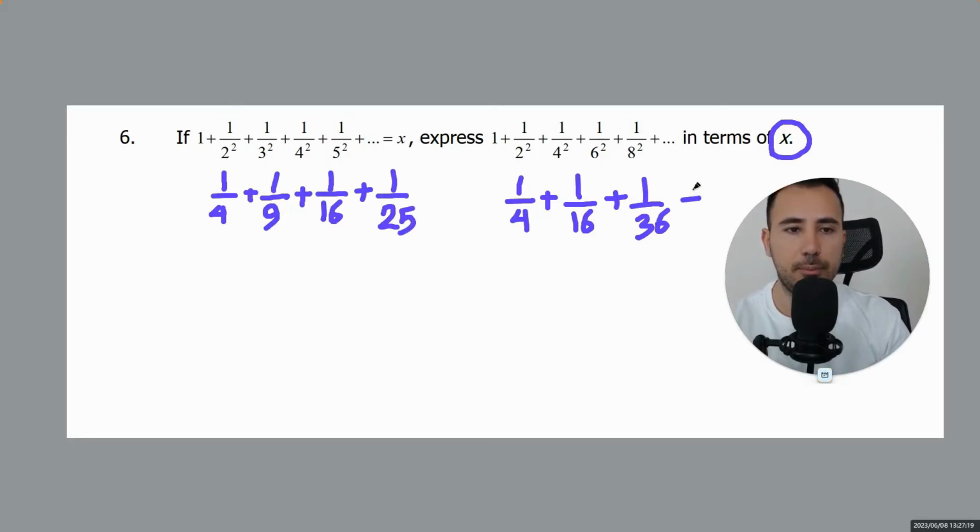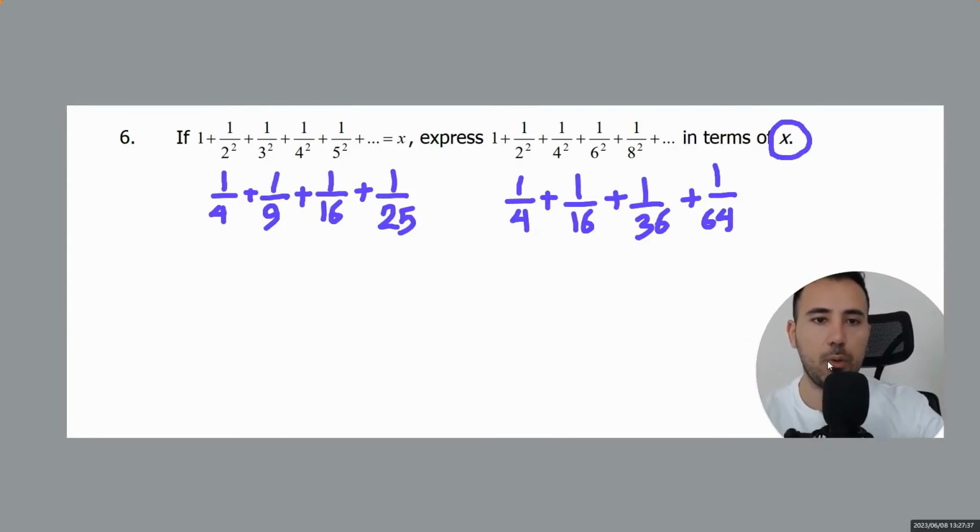Okay, this one, let me add more to it. This would be 1 over 64. So now what to do? There is a little thing, okay? And if I want to continue this, the next one will be 1 over 10 squared, which is 100.